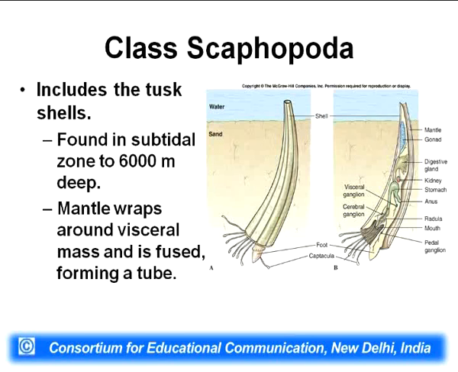On the sticky ends of the captacula the food particles get stuck, and then the captacula are drawn inside the visceral mass, where the food is transferred to the mouth.